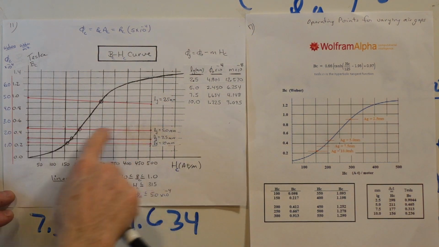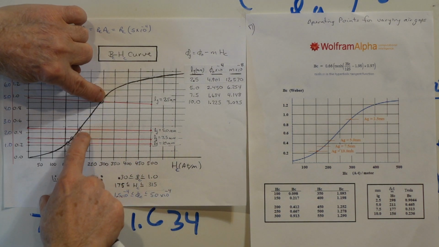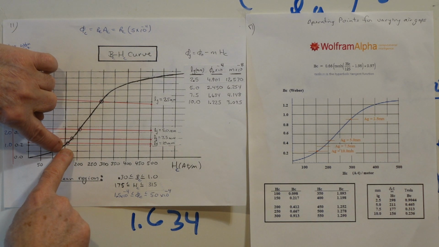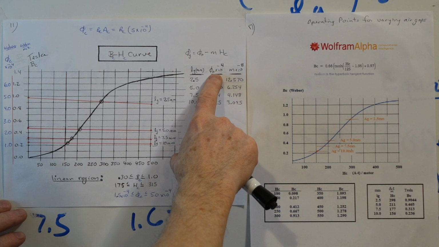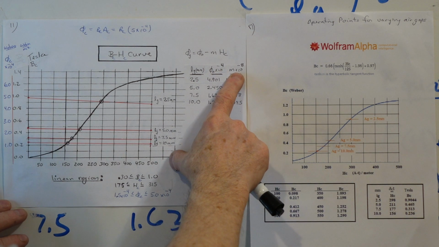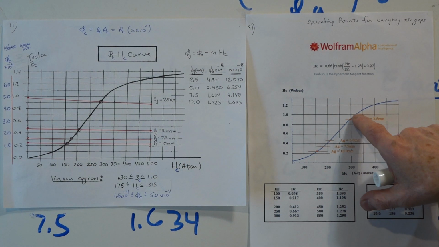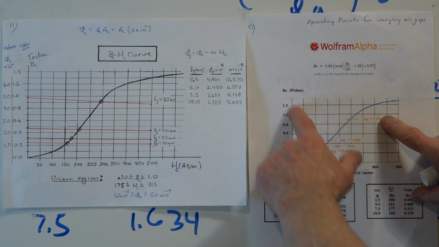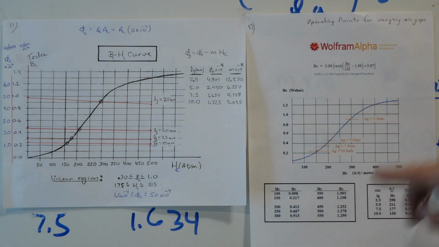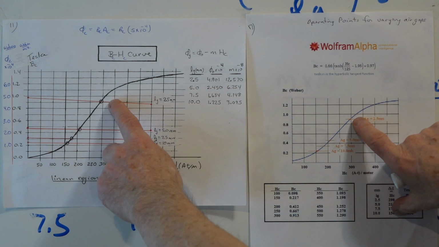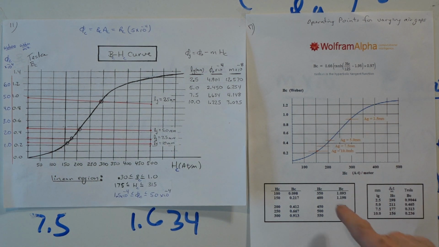Here are the load lines of the air gap plotted, and where they intersect the BH curve are the operating points. And here are the values that I got for mu0 and m as computed here. And here, plotted on the BH curve, are the operating points calculated analytically using this nonlinear equation, and we can see that they agree quite accurately with one another.